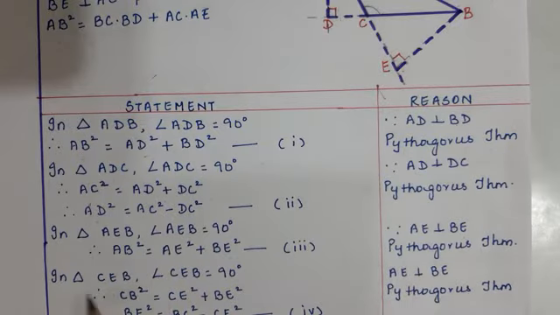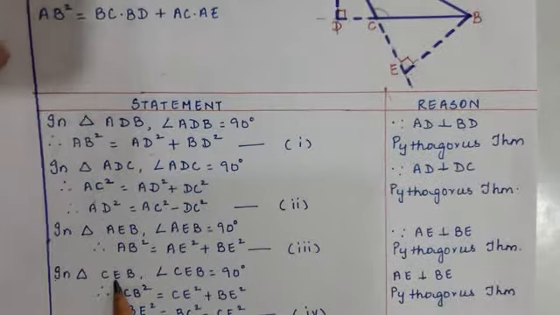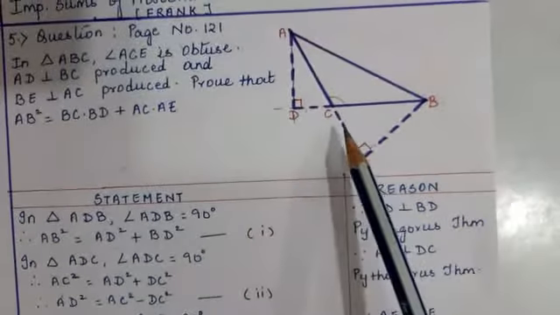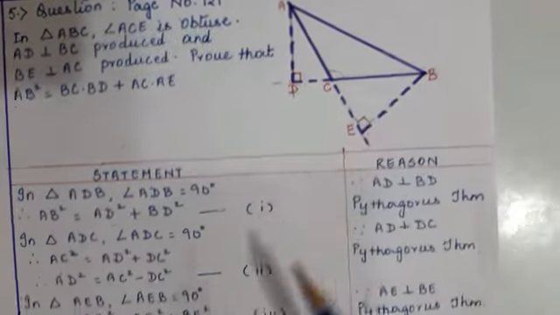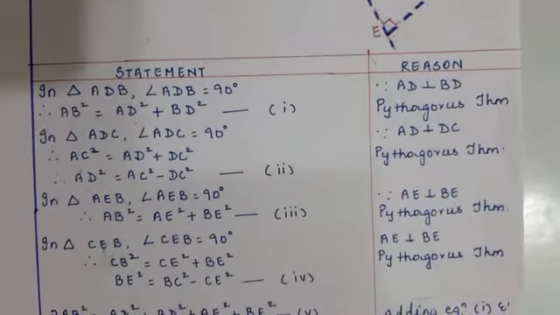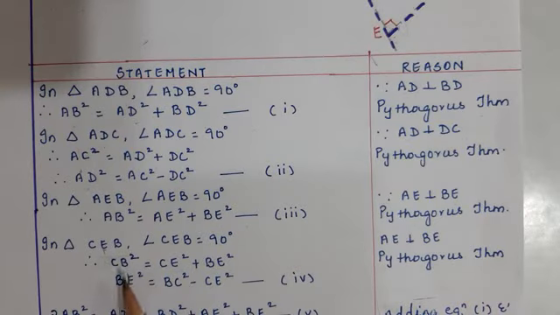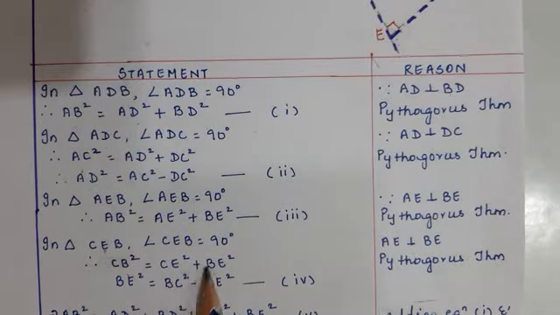Now in triangle CEB, we have angle CEB 90 degrees. So we have CB square is equal to CE square plus BE square, again by Pythagoras theorem, and rearranging the terms we get BE square is equal to BC square minus CE square.